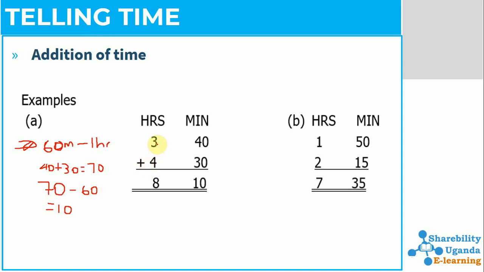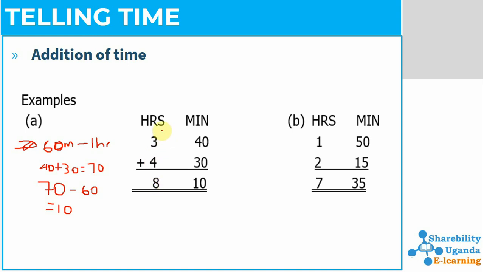So when they have 3 hours plus 4 hours, they are supposed to come up with 7 hours, but they added the 1 hour, which was the 60, and brought it here. When they added it, it became 8.